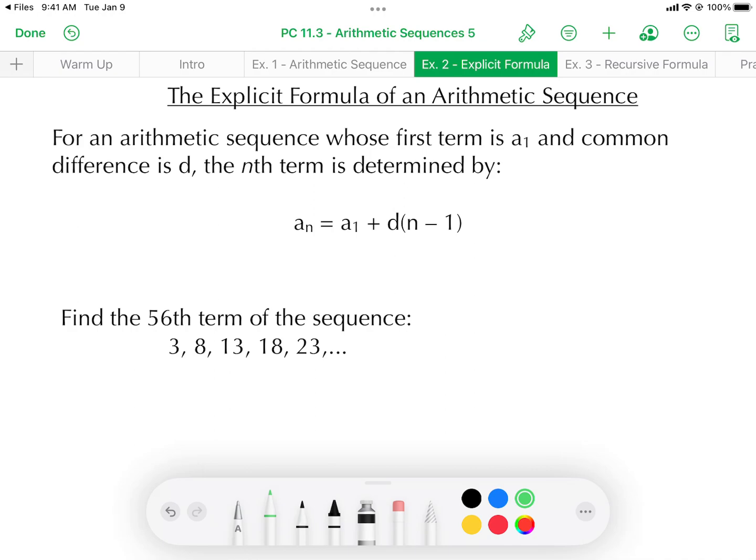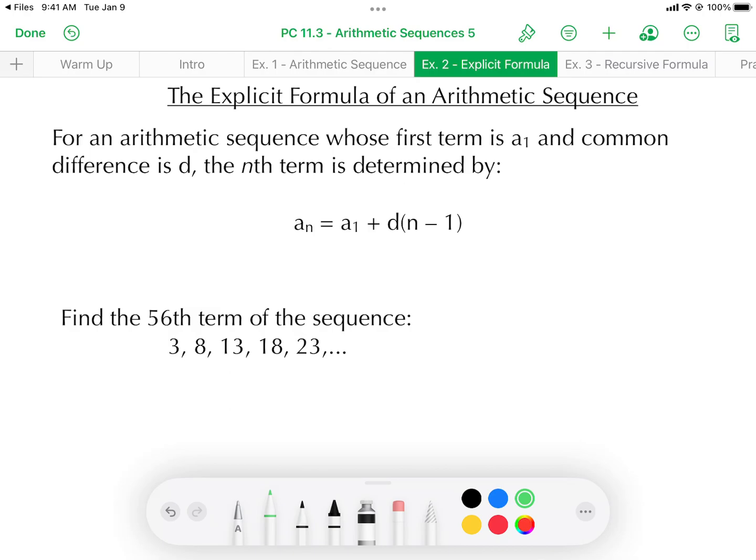So explicitly, it just equals a sub 1 plus d times the quantity of n minus 1. So think, like if I want the 100th term in an arithmetic sequence, all I have to do is take the first term of that sequence and add on 99 factors of the common difference. Why 99 if I want the 100th term? Because I already have one term in the sequence.